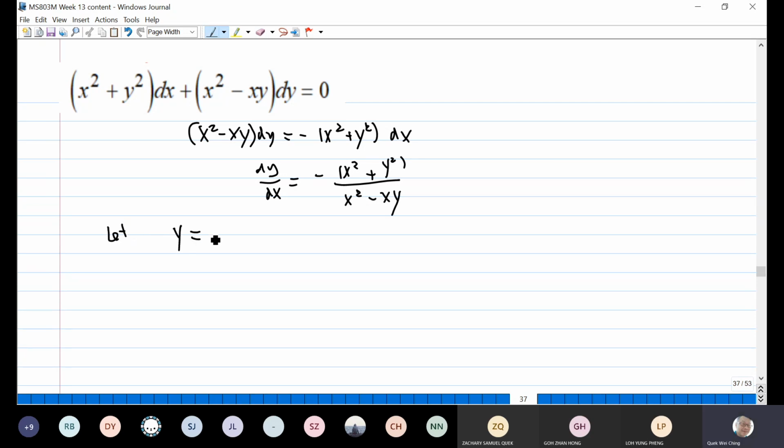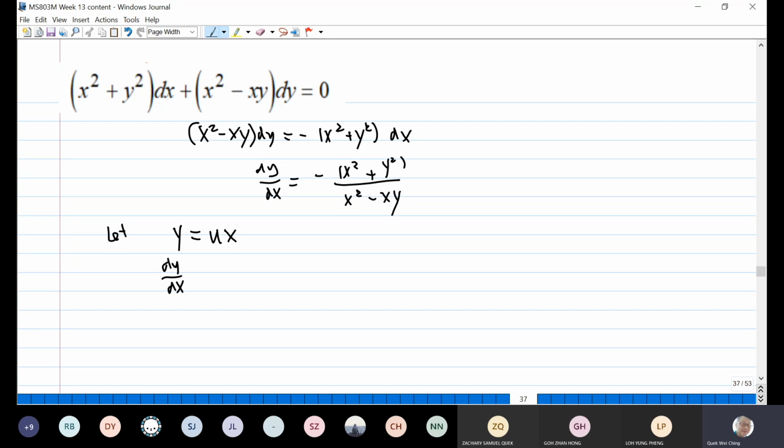y equal to u times x. It's always homogeneous. So now, after this, remember u is not a constant. So you can differentiate both sides with respect to x first. So dy dx, left hand side.